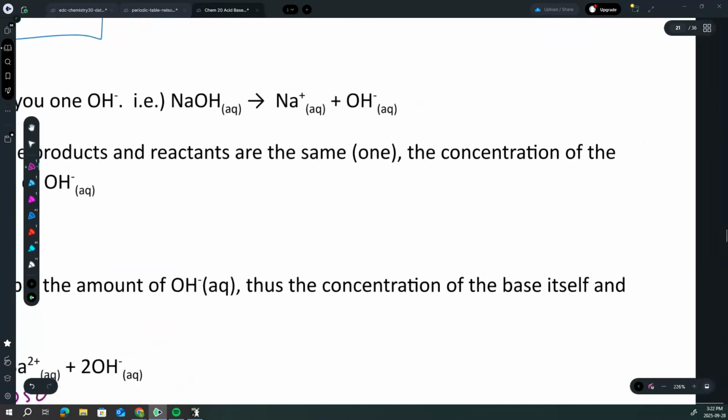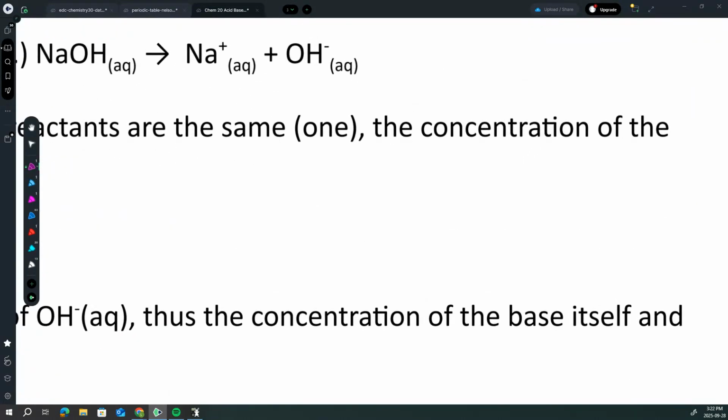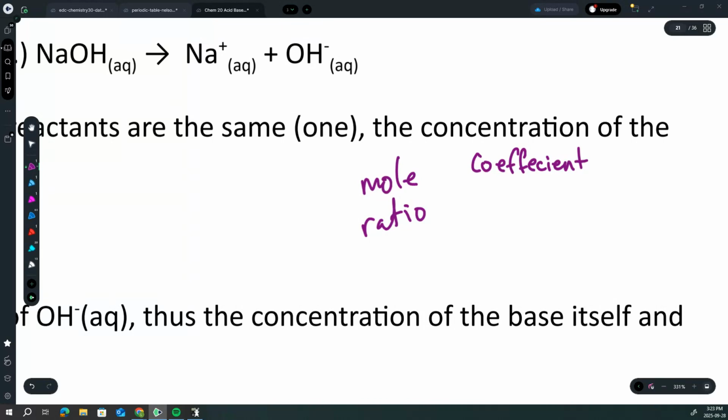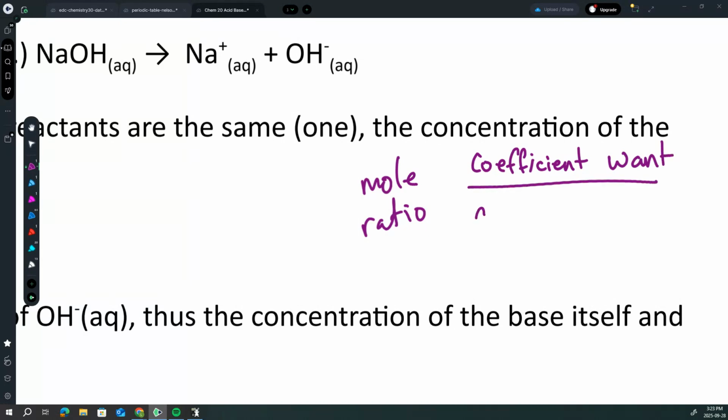Okay, so as a reminder here, I'm going to have to write it up here because I don't have room lower down. Okay, our mole ratio is the coefficient of what you want divided by the coefficient, which I'm just going to abbreviate, of what you're given.